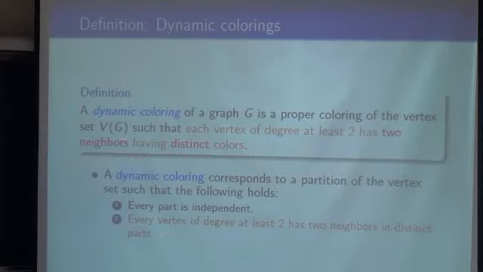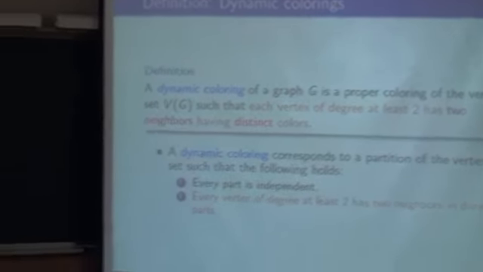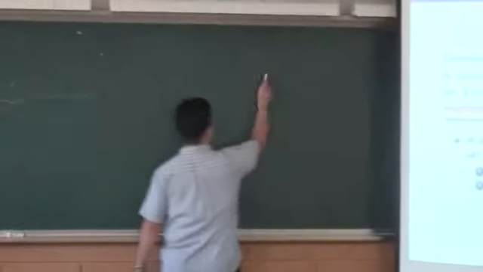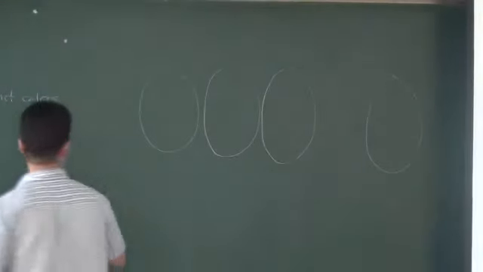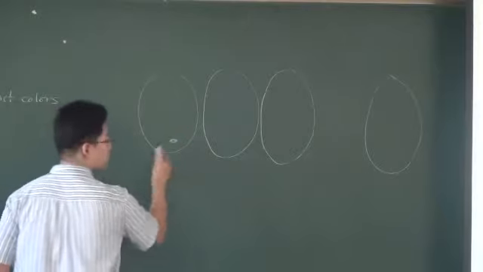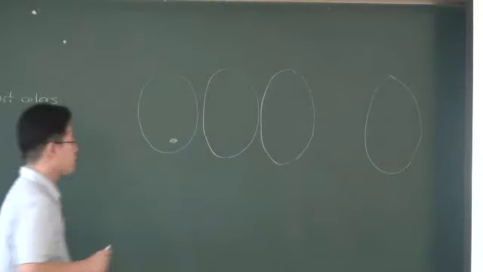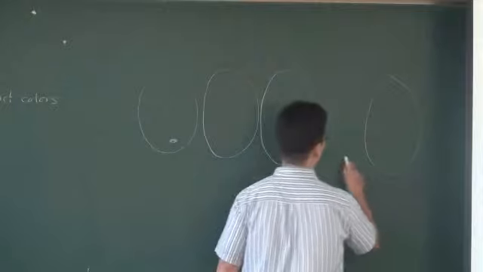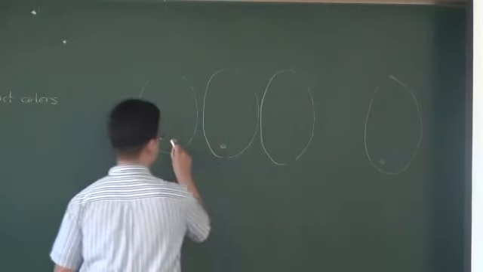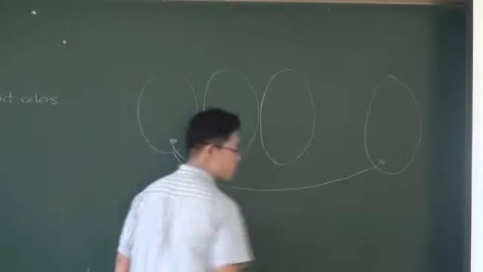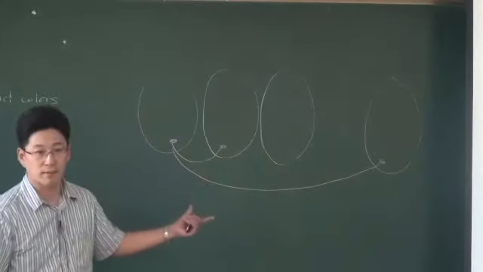So what is the good thing about studying this coloring? If we have a dynamic coloring, that means we have a vertex set partition such that whenever we have a vertex of degree at least 2, there are two neighbors which are in distinct parts, right?